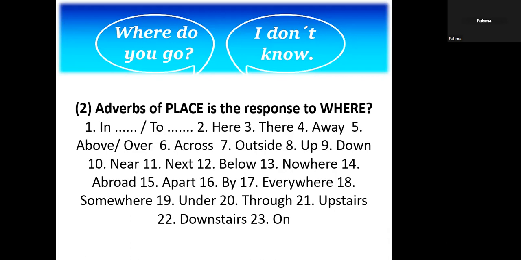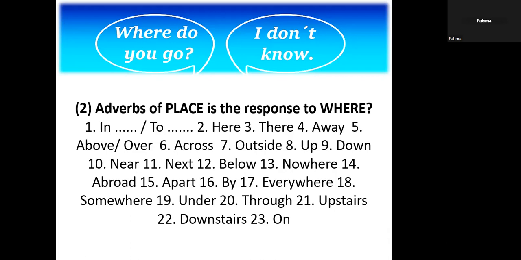Above, over, across, outside, go outside, outside here is adverb. Go upstairs, for example. Go upstairs, upstairs is adverb. Come down, go down the street, for example. Near, go near the river. Okay.